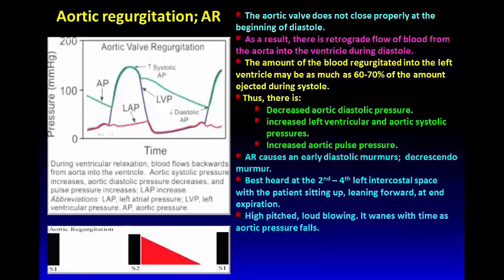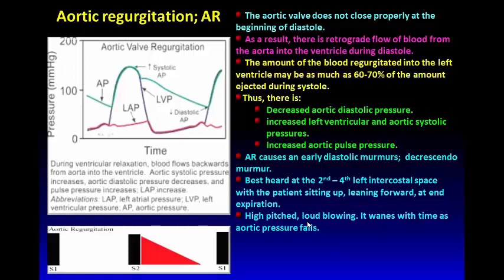The murmur of aortic regurgitation is a regurgitant murmur, as blood regurgitates from the aorta back into the left ventricle, and it is because of that the murmur is best heard at the second to fourth left intercostal space, while the murmur of aortic stenosis is best heard at the aortic area, which is at the second to third right intercostal spaces. The murmur of aortic regurgitation is a high-pitched, loud, blowing murmur.